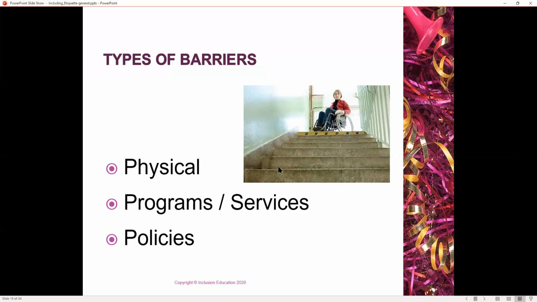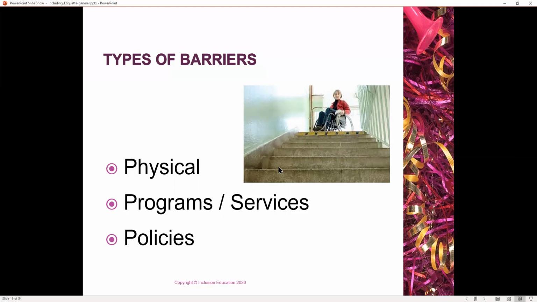That's just the physical kind of things. And those are the obvious things. No ramps, no elevators, other types of physical things, depending upon the different disability, could also hinder people from full participation. So the second area we're going to talk about is programs and services.